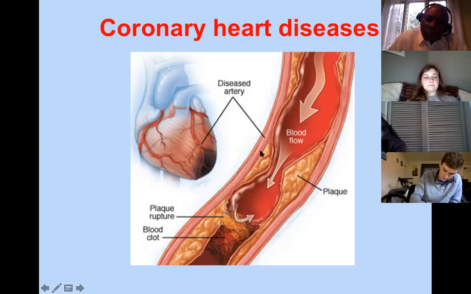So such a person, when they are resting, depending on the extent of the plaque, if this person is resting on the couch, you don't notice anything. They're just normal, just like everybody else.